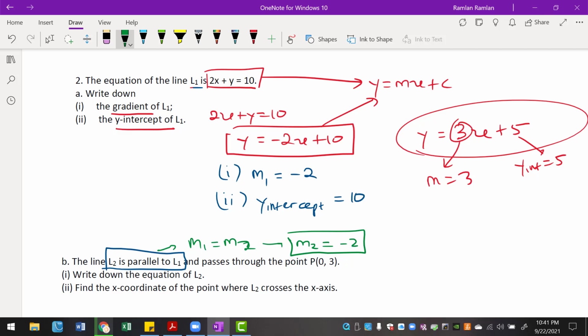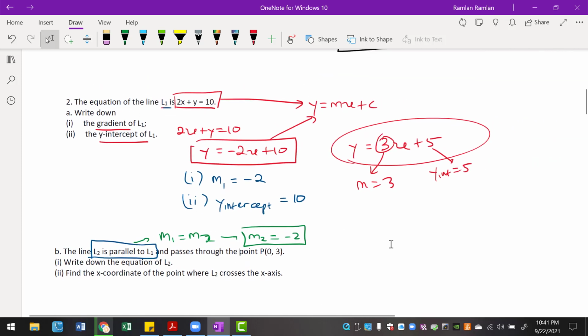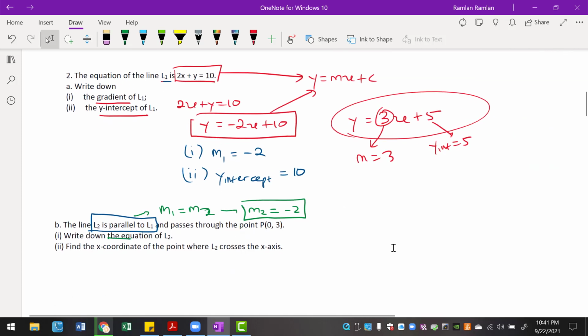As in the previous question from number 1, if we want to construct a line equation, we need 2 points, or we need 1 point and a gradient. In this question, L2 passes through this point, P, which is (0, 3).